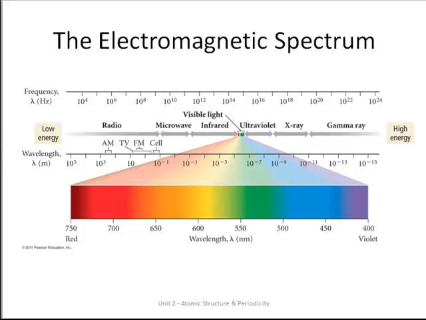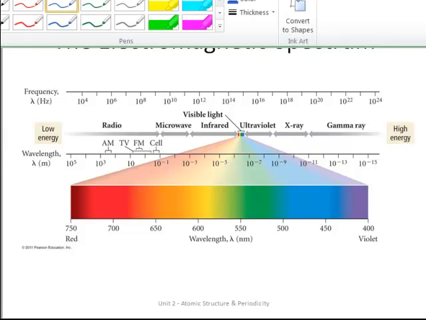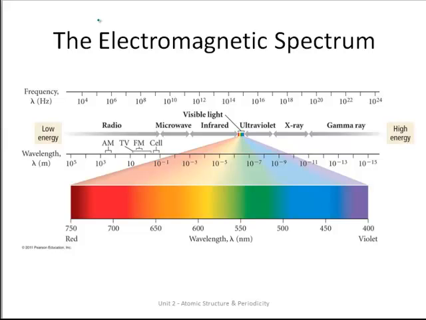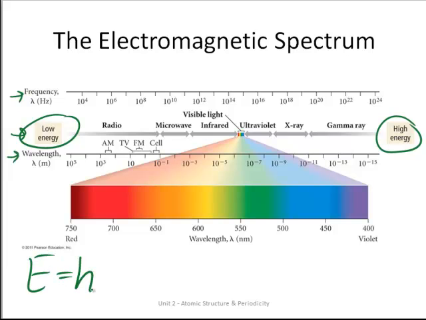Okay, so here's our electromagnetic spectrum again. And what we want to point out here is that in addition to frequency and wavelength, we can also look at this as a function of energy. Reading this from left to right, we go from low energy to high energy. And we can look at that relationship with our equation.